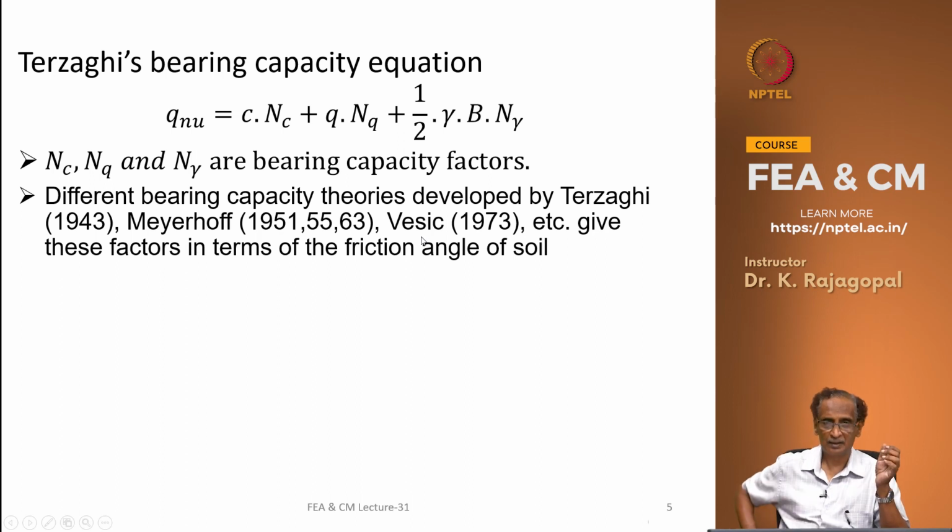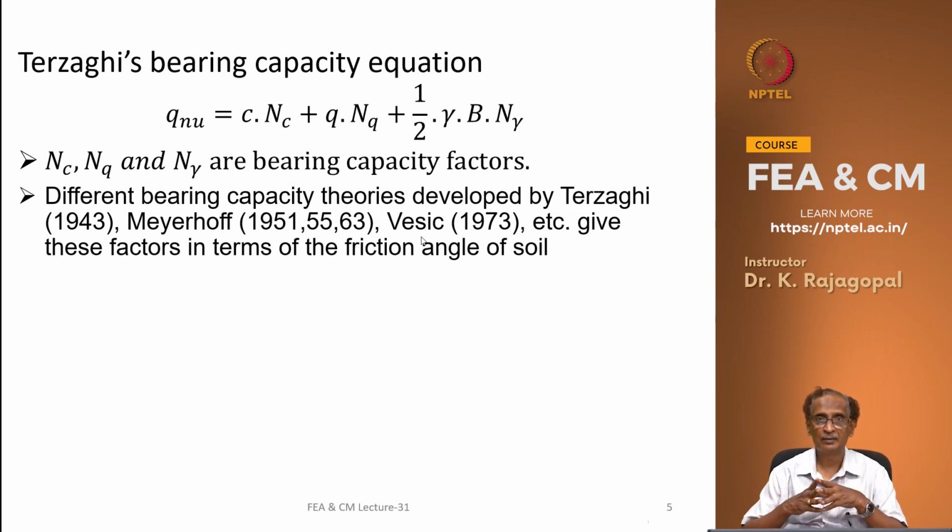In fact, our IS 6403 is based on the Vesic theory, and Vesic also has proposed bearing capacity factors N_c, N_q and N_gamma, and then also the shape factors for representing the shape of the footing and so on.